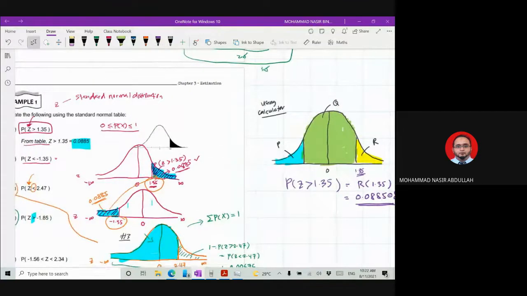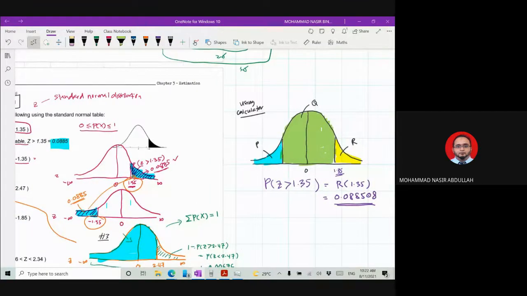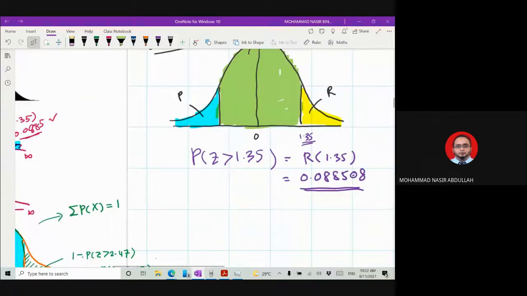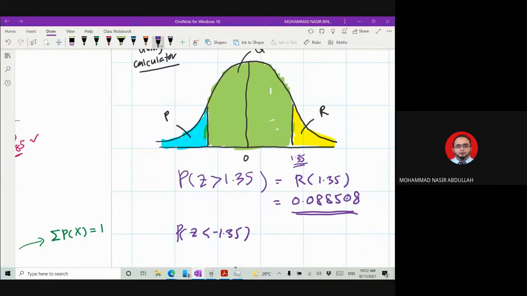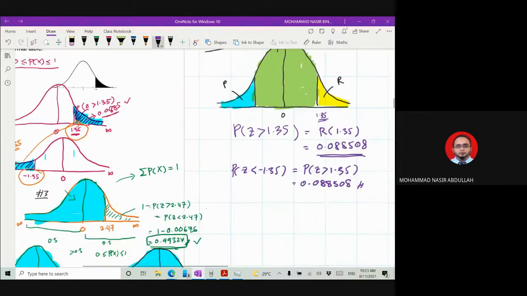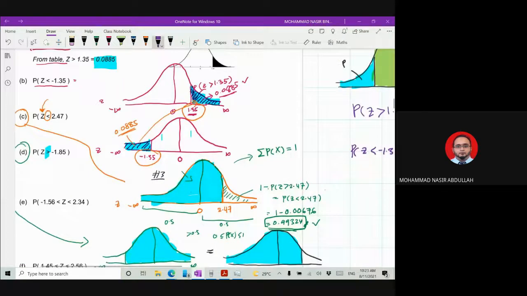So this is the exact value compared to the statistical table. The same thing. So this is by using calculator. So probability of Z less than negative 1.35, we know from the characteristic of this standard normal distribution is the same as probability of Z more than 1.35. So this one should be 0.088508, same as previous. So now let's look at this one.